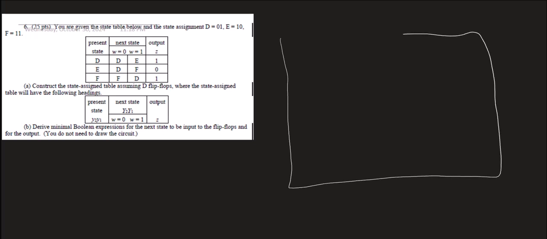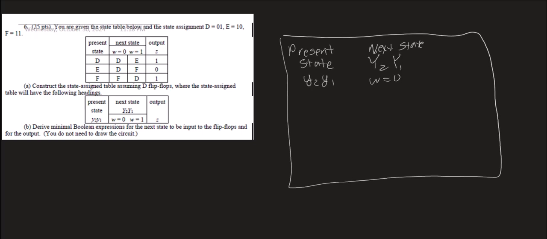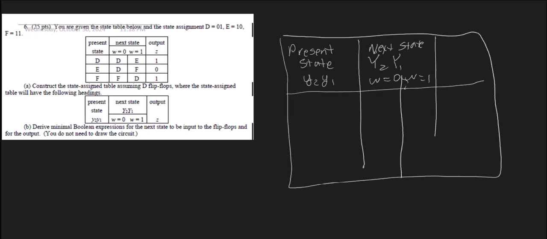So we will have present state, little y2, little y1, next state, capital Y2, capital Y1, and we have two possibilities, W equals 0, W equals 1. And we have output Z.